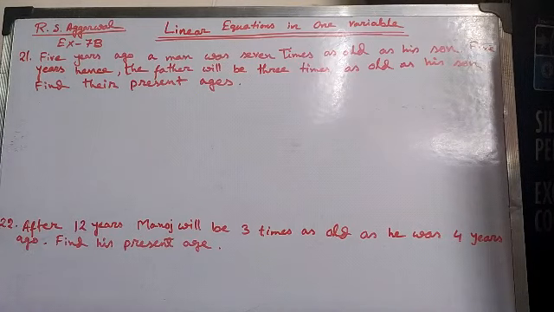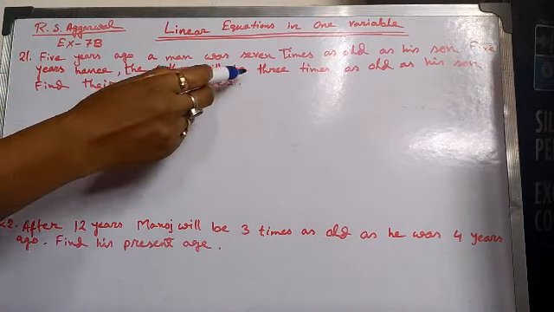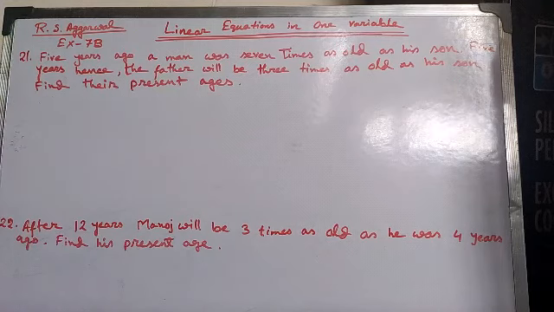Now coming to question number 21. 5 years ago a man was 7 times as old as his son. 5 years hence the father will be 3 times as old as his son. Find their present ages.